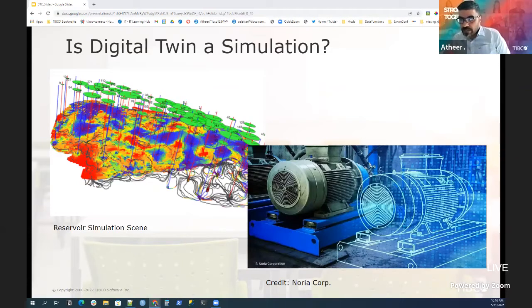So the takeaway from this slide is simulations can benefit from digital twins data and components interactions to improve the modeling and then test more what-if scenarios.